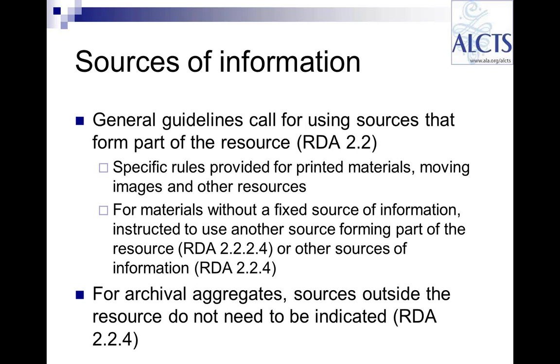Archives don't typically come with a title page or a printed description of themselves as part of the resource. And so in gathering information for making an archival description, we'll be pulling that information either from materials that make up part of the resource, or from other sources of information.